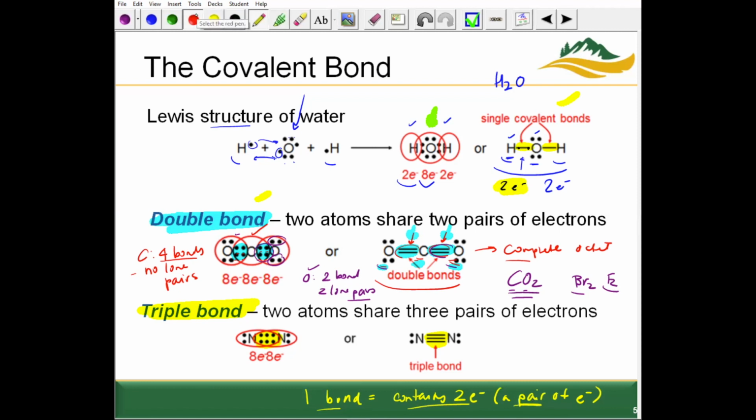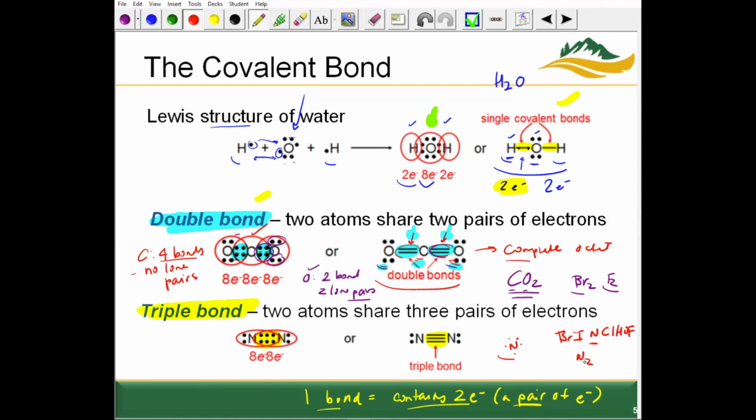For nitrogen, it has 5 valence electrons. 1, 2, 3, 4, 5. For nitrogen to have a full complete octet when bonded to another nitrogen, remember nitrogen is one of our Brinkelhoffs.